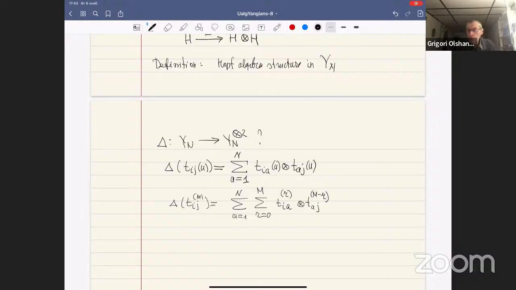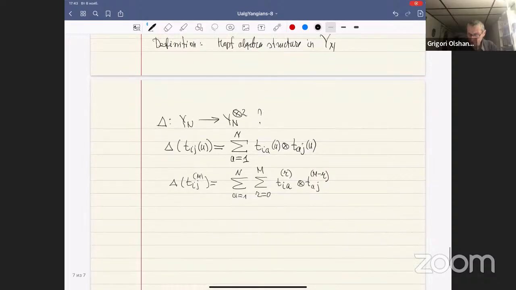Now what we need to verify, the main axiom to verify, is that it's compatible with the algebra structure.